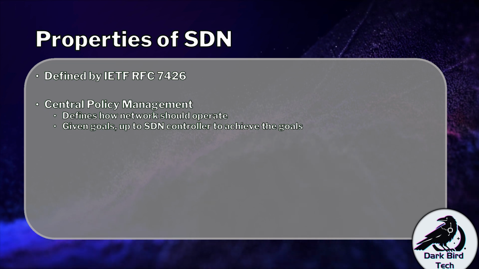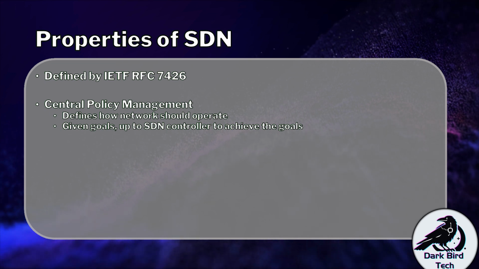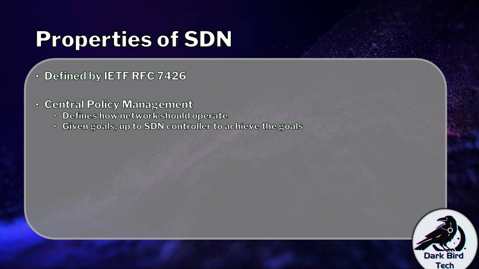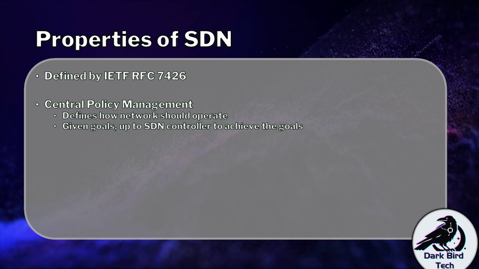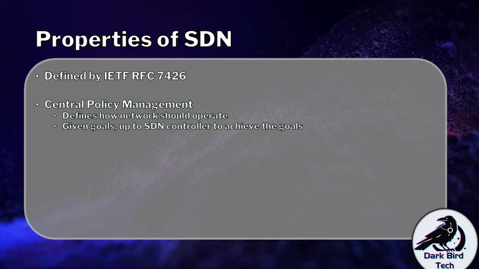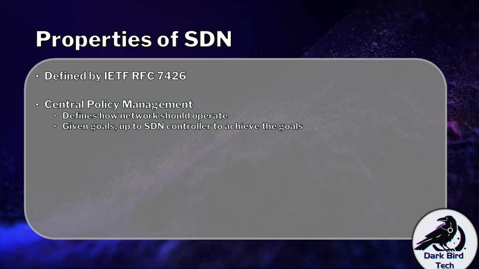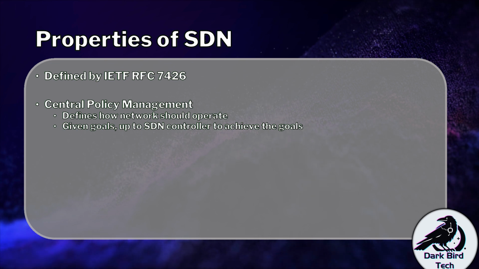Now, those goals can be everything from guaranteeing a certain amount of bandwidth to keeping certain services at a certain latency or below, sacrificing other services. There's a whole lot of cool things, but the SDN server can have a little bit of autonomy in making decisions on how to achieve the desired state and the desired performance of the network. And what's also quite cool is these policies can be adjusted on the fly and even set to be applied based on certain triggers and thresholds being reached.